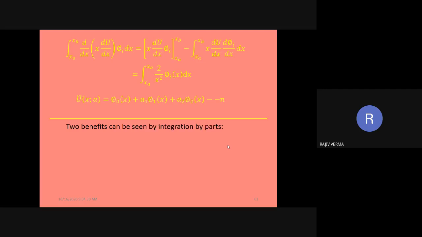Two benefits can be seen by integration by parts. The first benefit is that the highest order of derivative in the resulting equation is not 2, it is only 1, simply because there is no term of u being differentiated twice. There is only one term of du by dx.